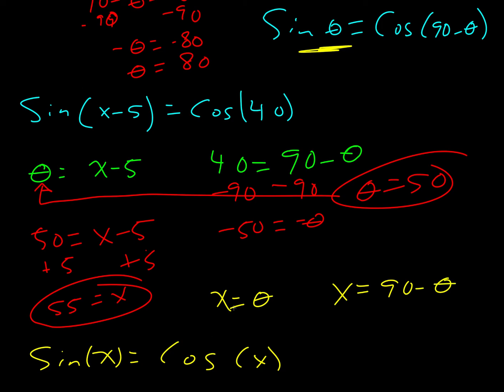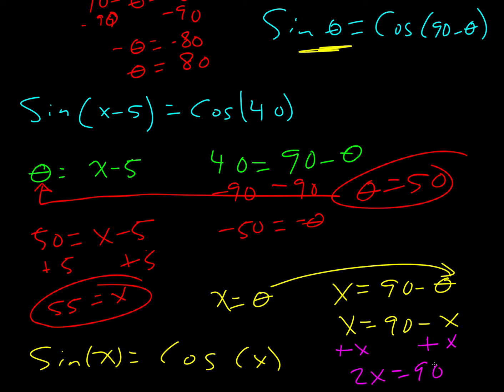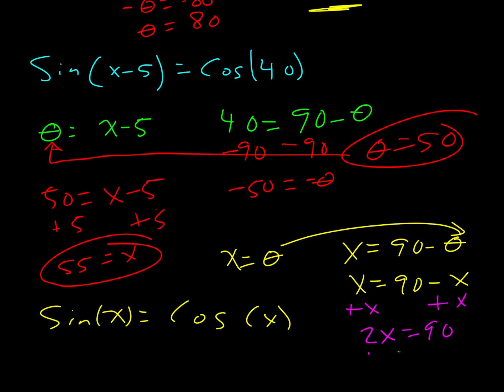So if we replace theta with x, that will work. So it's going to be x equals 90 minus x. We add x to both sides. 2x equals 90. Then we divide by 2. So when x equals 45, that's when that's a true statement.